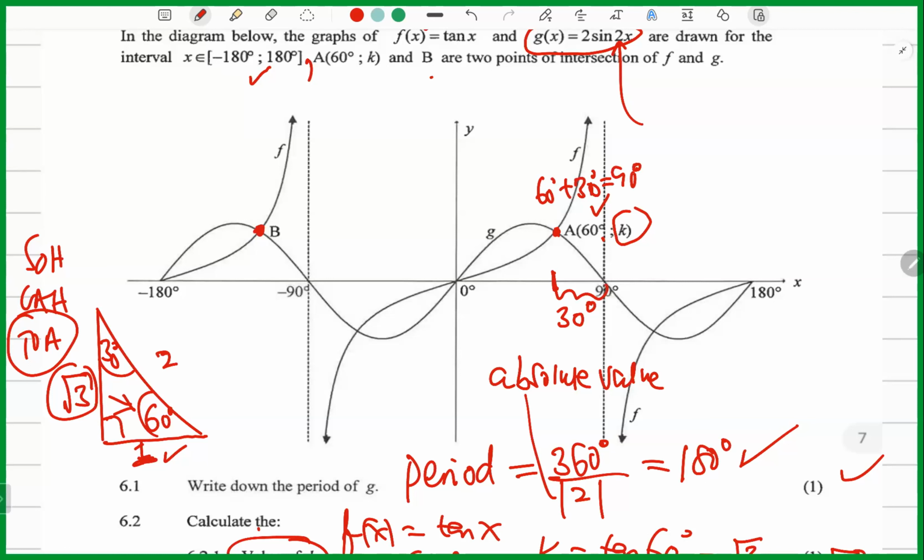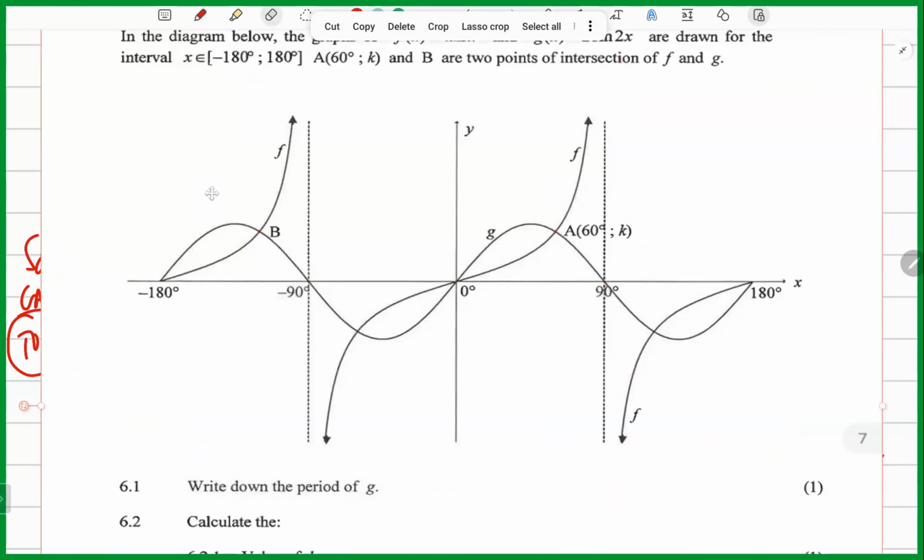So now you have the same. So now you'd have to allow a distance of 30 degrees. So if we have minus 90 degrees, then we have minus 30. So what is this? Minus 120.